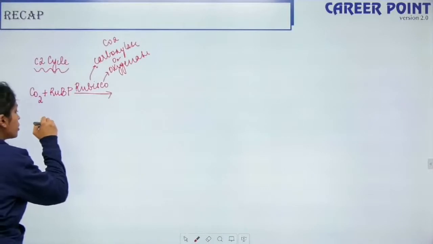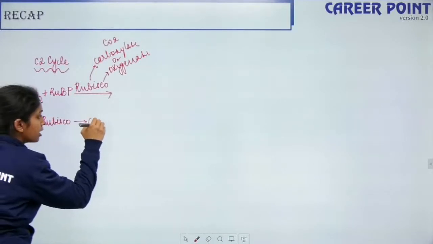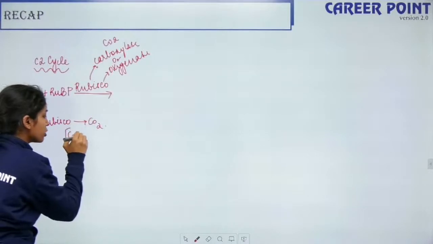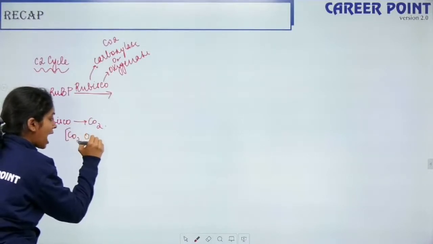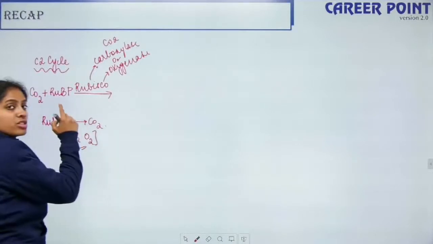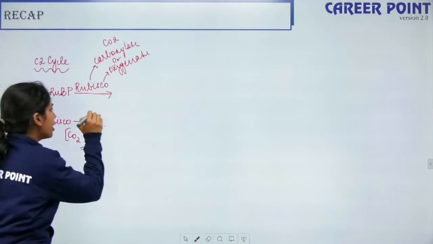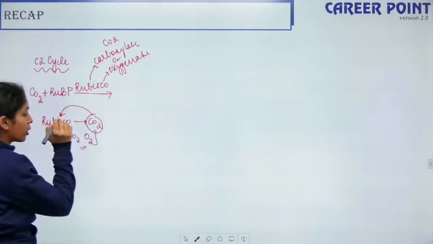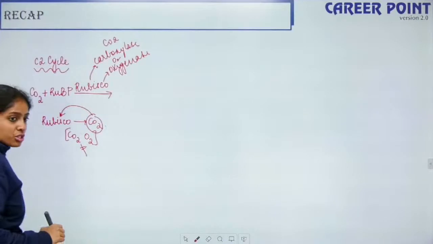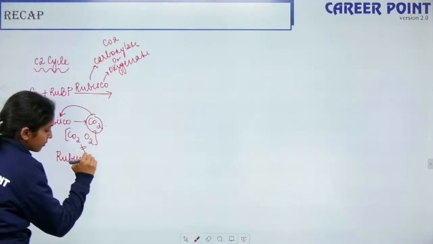Rubisco binds to carbon dioxide under the condition that the concentration of carbon dioxide and oxygen are equal to each other. When this concentration is not equal, Rubisco binds with your oxygen.